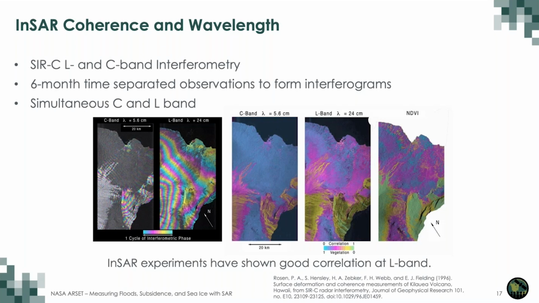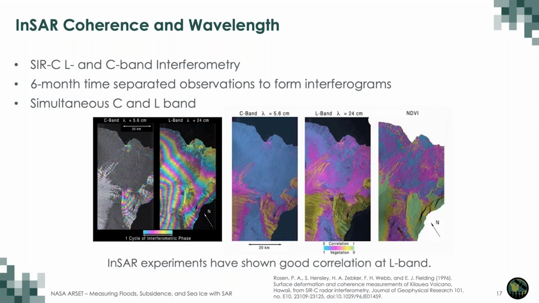They managed to steer the space shuttle into exactly the same location over the Earth so that we could do the SAR interferometry. On the left of these two figures is the C band, or 5-6 centimeter wavelength. On the right is the L band. And we can see that the coherence is much higher at L band than it is at C band.